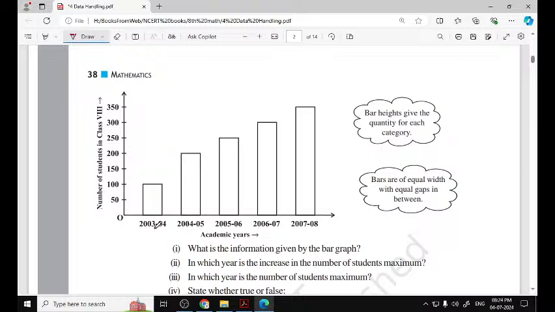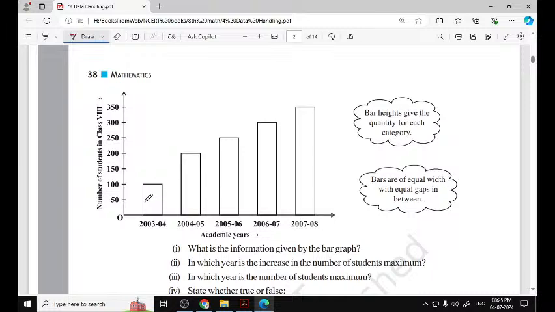In year 2003 to 4, there were 100 students in class 8. In the next year, the students were 200. Then in 2005-6, that number increased to 250. In 2006-7, it is 300, and in the next year it is 350.